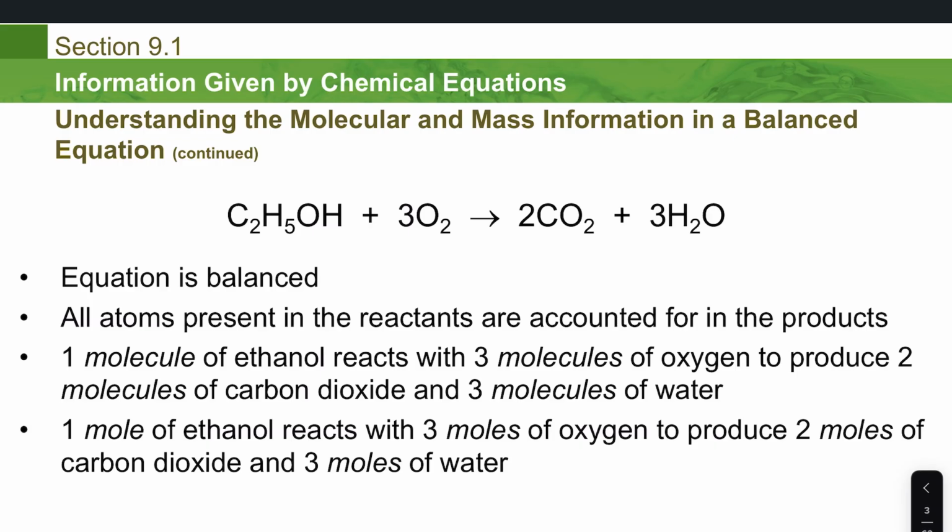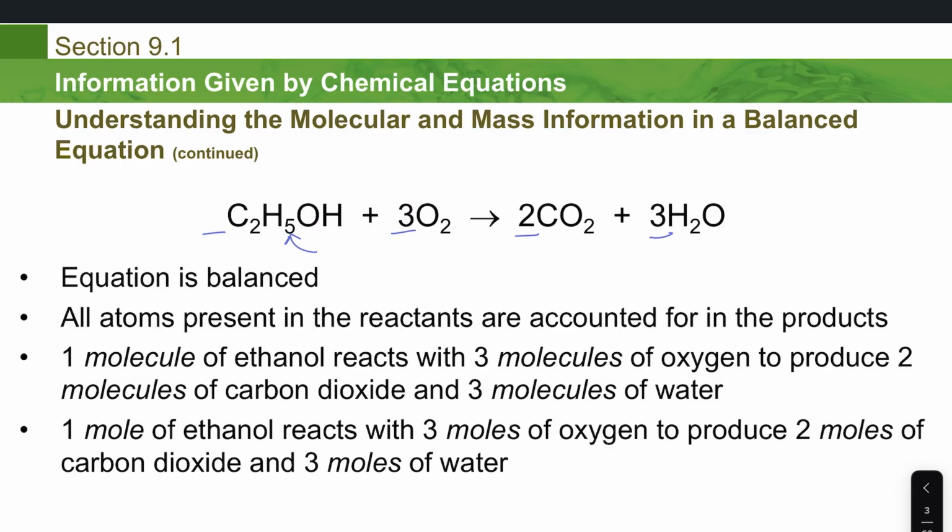In order to understand the information that we get out of a balanced equation, we need to take a look at one. This equation that's given here is indeed balanced with a 1 to 3 to 2 to 3 ratio. We could write this out in words to say that a molecule of ethanol, which is this compound right here, is going to react with 3 molecules of oxygen to produce 2 molecules of CO2 and 3 molecules of water.